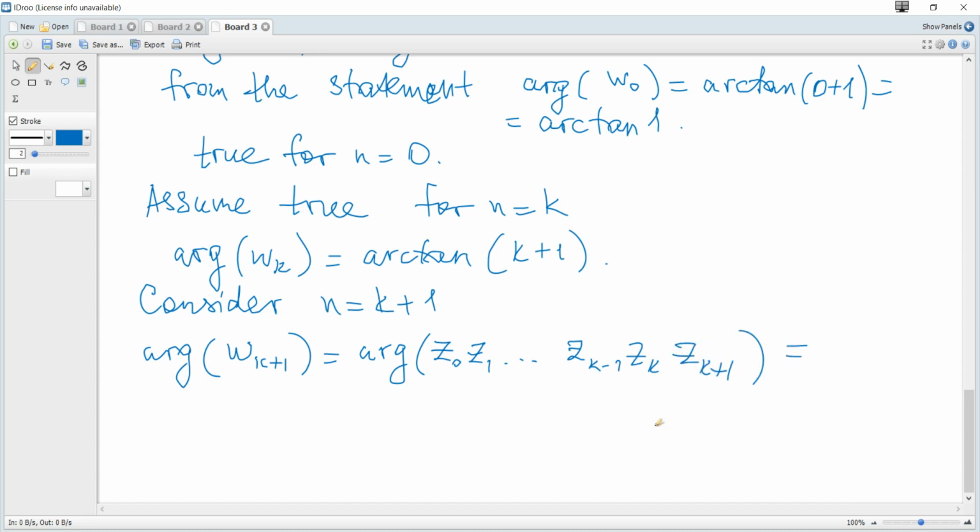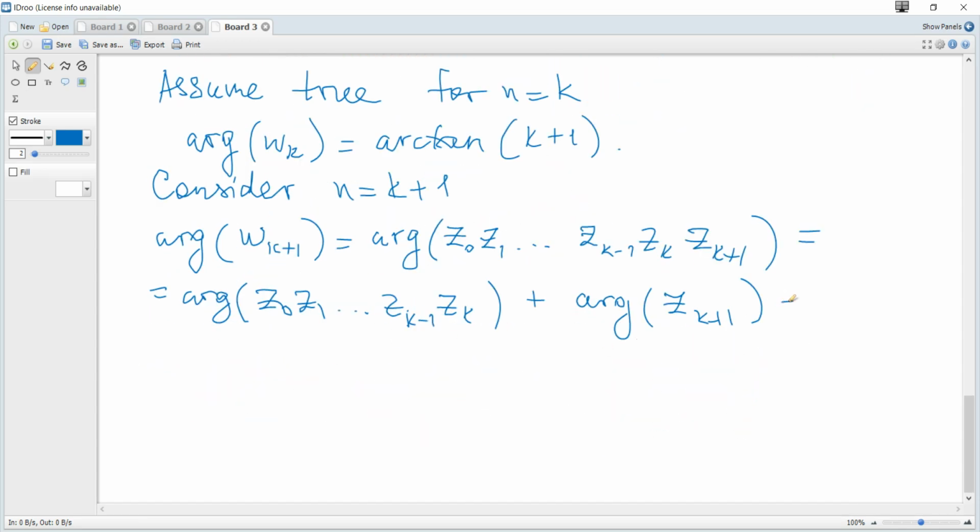And we know that argument of the product is the sum of arguments, so we can write that it's argument of z0, z1, and so on up to zk minus 1, zk plus argument of zk plus 1, and this product is argument of wk plus argument of zk plus 1.